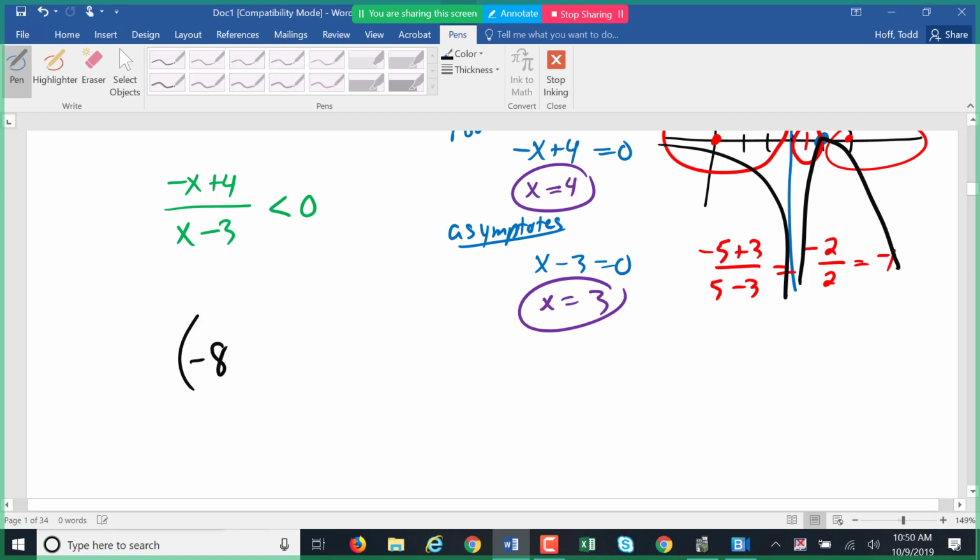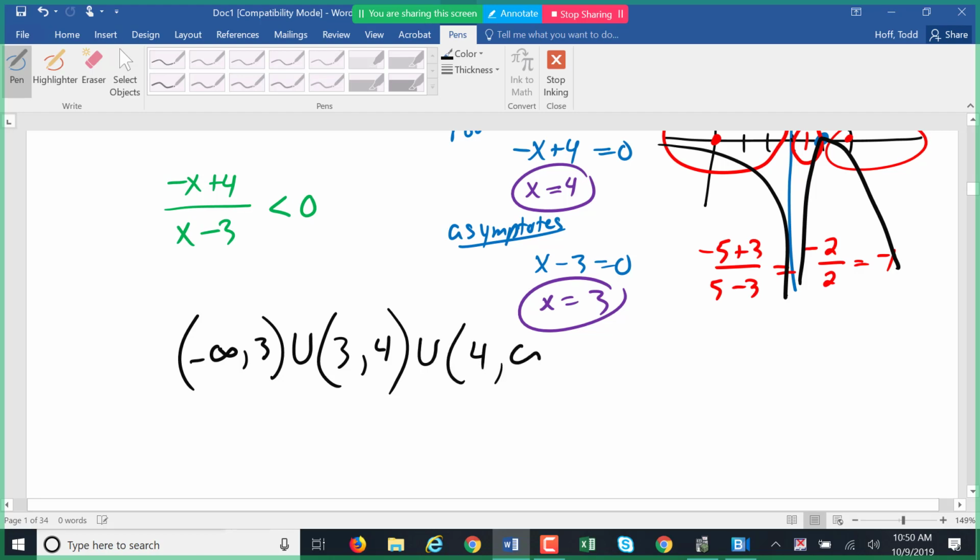So in interval notation here, we go from negative infinity up to that asymptote of 3, united with from 3 to 4. Again, at 4 it's equal to 0, and this is strictly greater than, united with 4 to positive infinity.